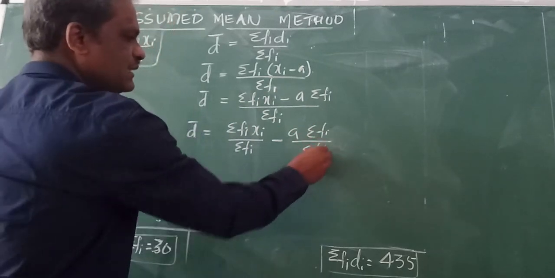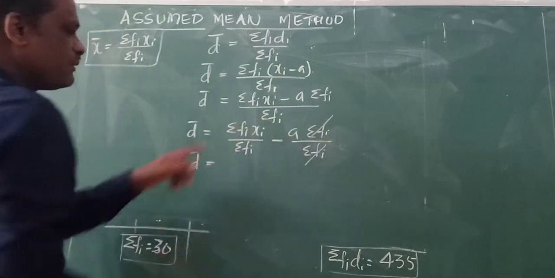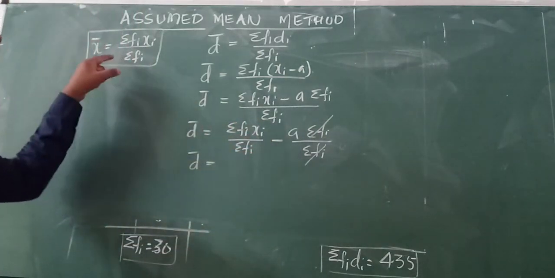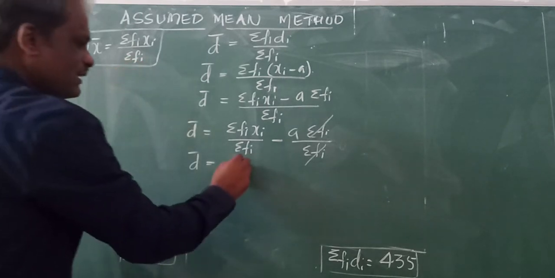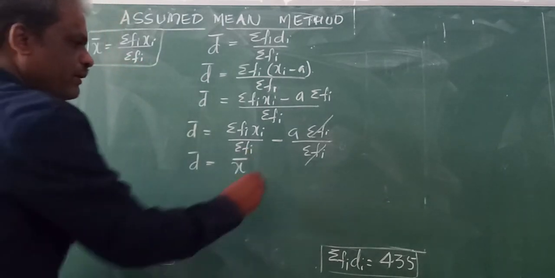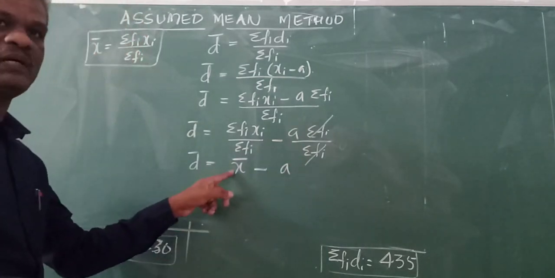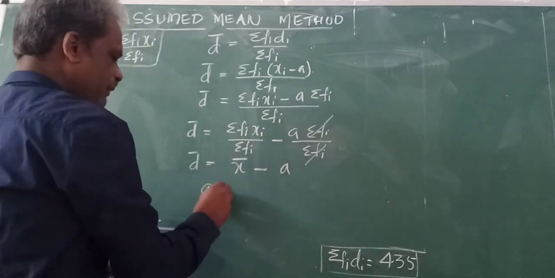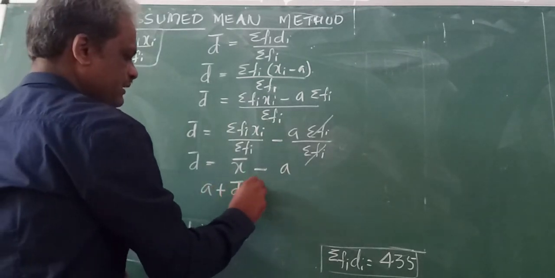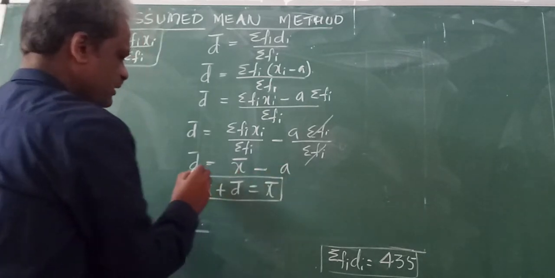Now you can cancel this sigma fi. So d bar is equal to sigma fi xi divided by sigma fi, which is nothing but x bar, minus a. I want to find x bar, so transfer a to the left side. You get a plus d bar is equal to x bar. This is the formula you are going to use.